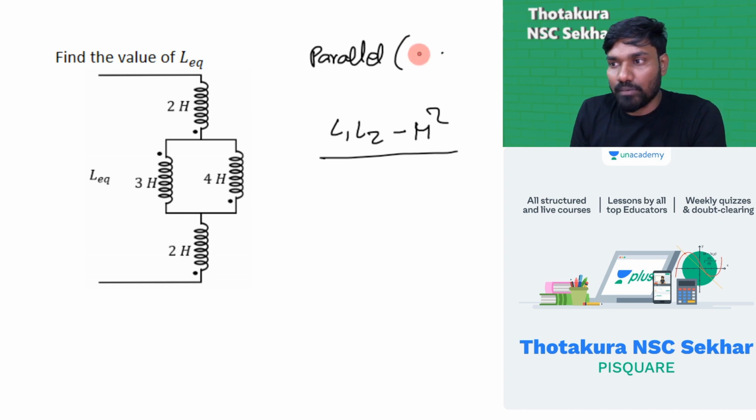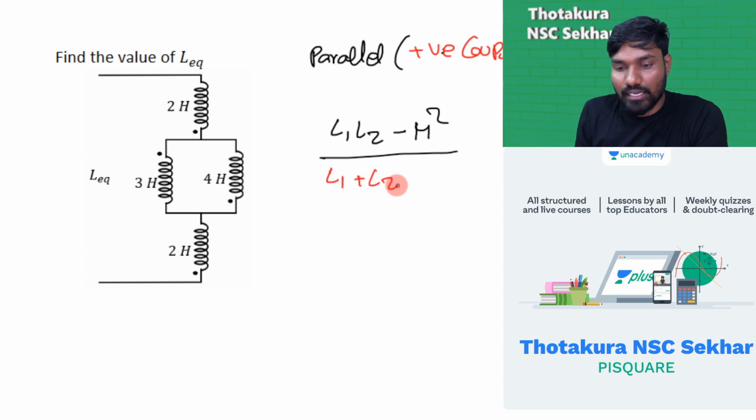For a positive coupling, you will get here L1 plus L2, and for positive coupling you will get minus here, minus 2 into M. What if this is a negative coupling?